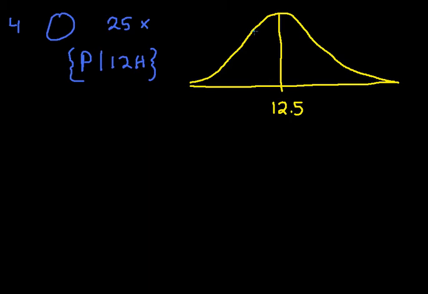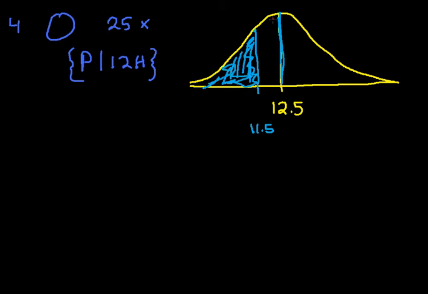Well, we want only 12 heads, period. So we're going to subtract 1 from this, and that's 11.5. We're going to take the total area to the left of this 12.5, and subtract the area to the left of this 11.5.